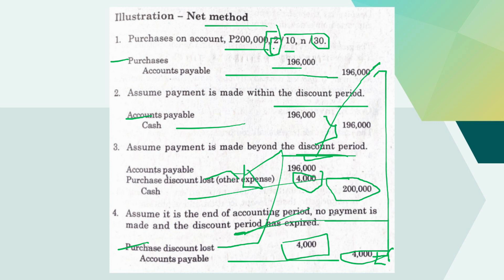So, halimbawa, binayaran mo, the fifth journal entry, therefore, there is debit accounts payable, 200,000, and credit cash of 200,000. Alright? Kasi nga, hindi mo na-reach yung 10 days para ma-avail mo yung 2%.